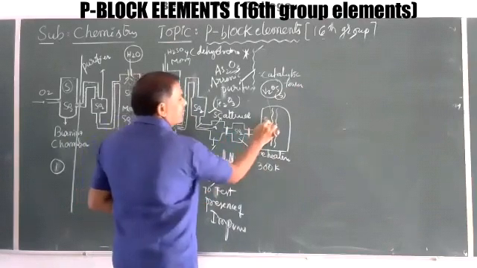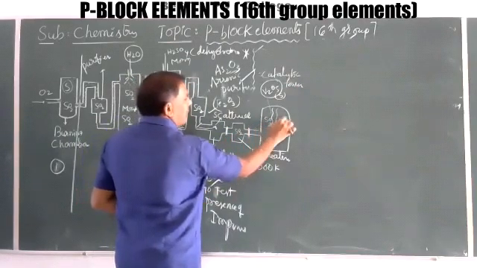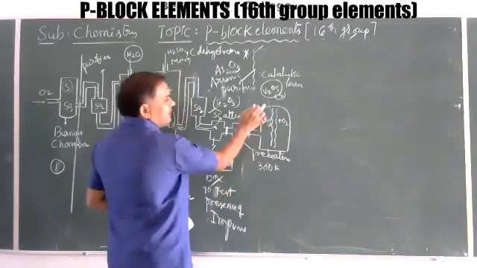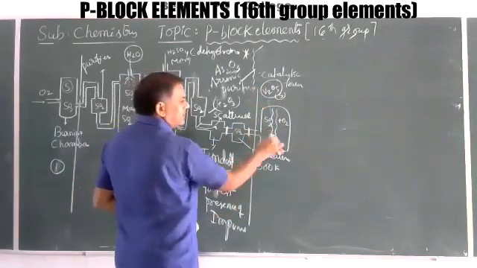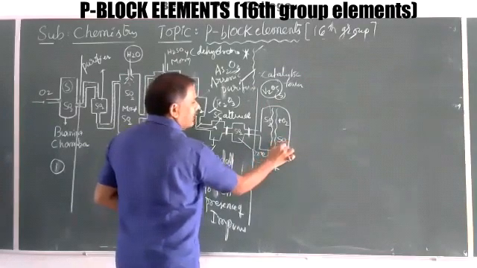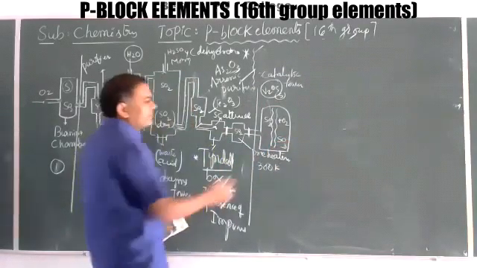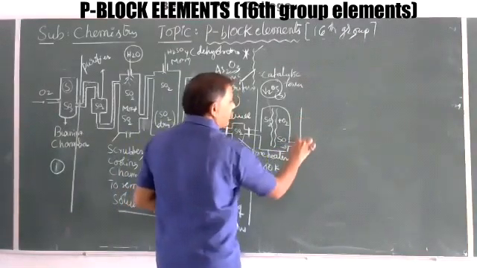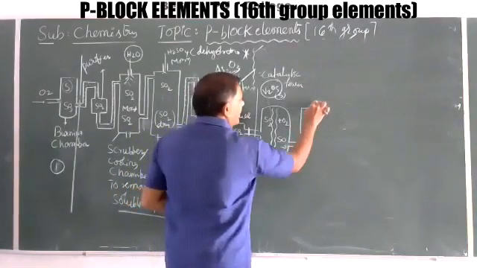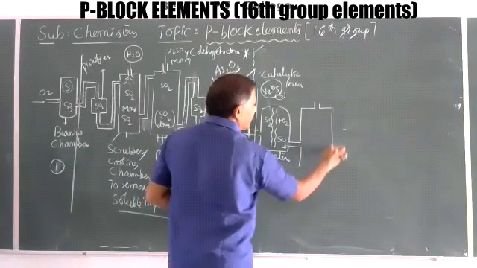Here the sulfur dioxide reacts with oxygen. That is the second important step, the catalytic oxidation. It gives sulfur trioxide gas. The obtained sulfur trioxide gas, pure and dry, we can pass into another tower.